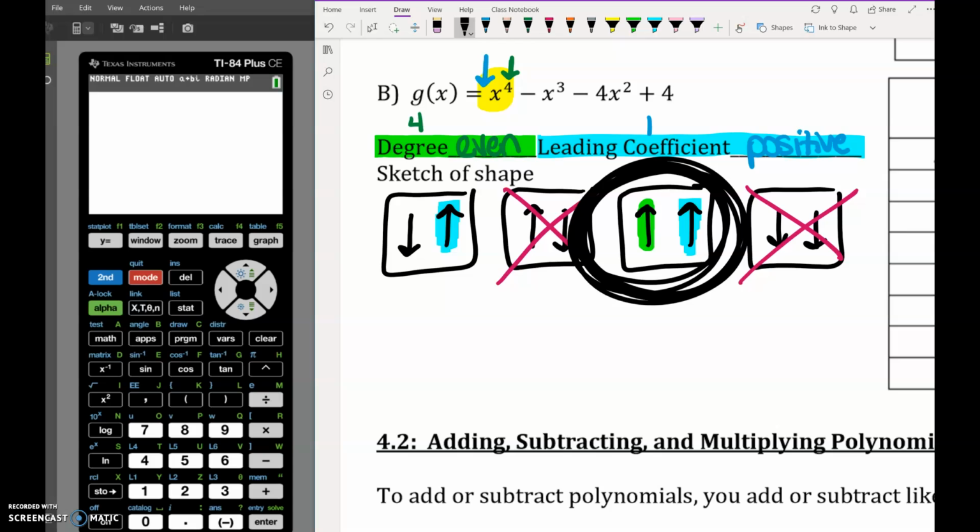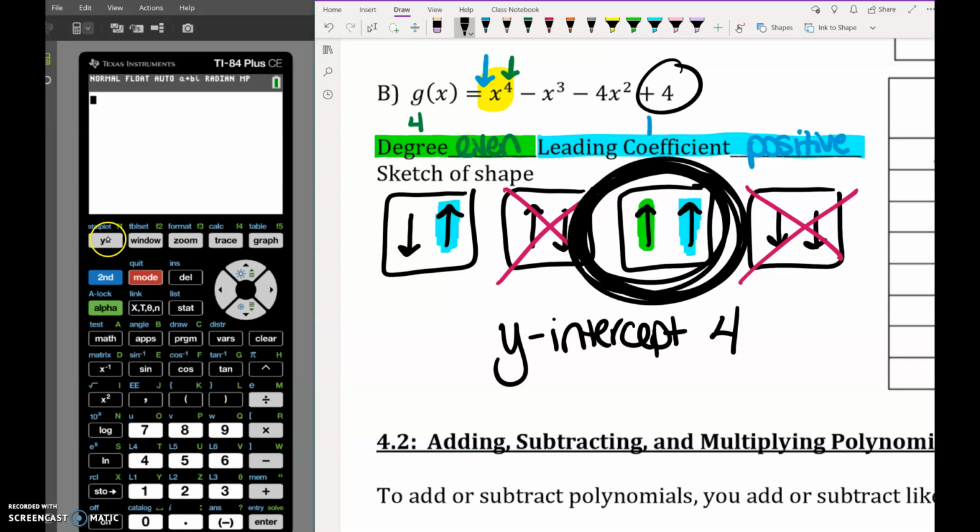Okay, the other thing that I want you to notice is that the y-intercept is 4. Whatever number doesn't have an x, that's going to be your y-intercept. If there isn't a number without an x, that would mean your y-intercept would be at 0 because there's a plus 0 after all of that x business.